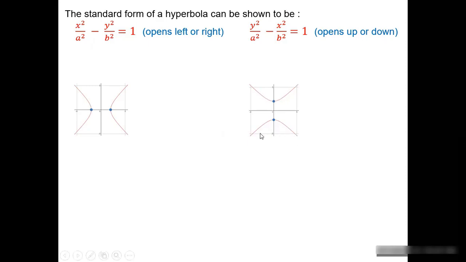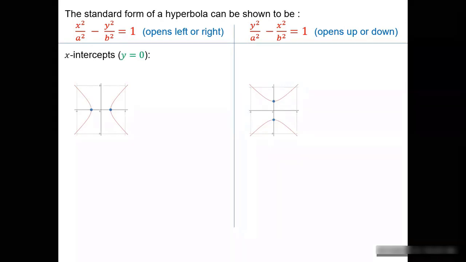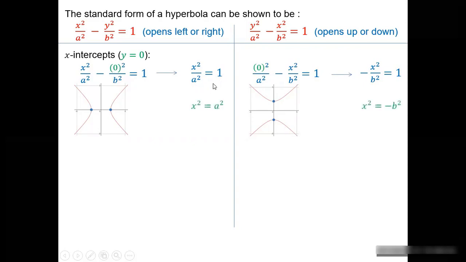So let's go through the process of finding our x and y intercepts in order to get a better idea about why these graphs look the way they do. If we take a look at x-intercepts, remember that we set the y values equal to 0, which will cancel the term involving y. That leaves us with a single fraction with x, which means if we cross multiply, we get x squared equals a squared for this first equation.